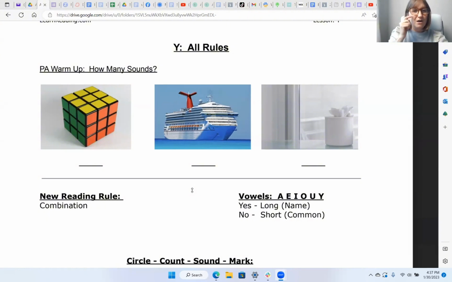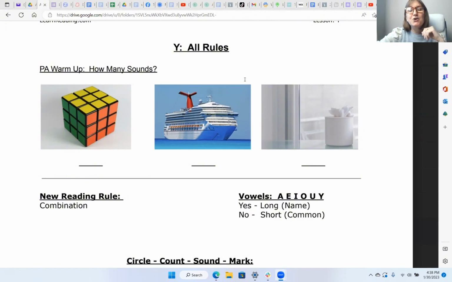Those who are counting more sounds than there are might be mixing up the letters with the sounds, or hearing both of those U sounds in the long U sound. Cube, if we make the long U sound one sound, is three sounds. Was that confusing? K, U, B, three sounds in cube.